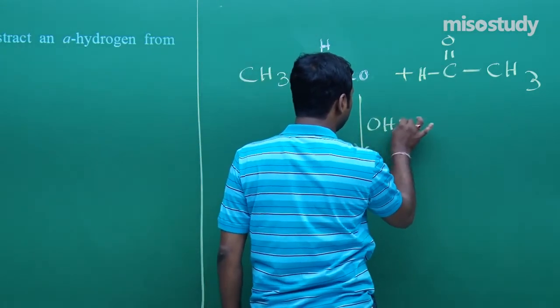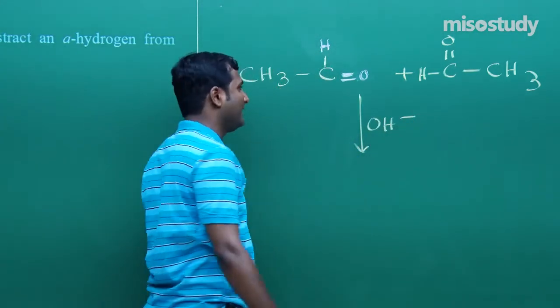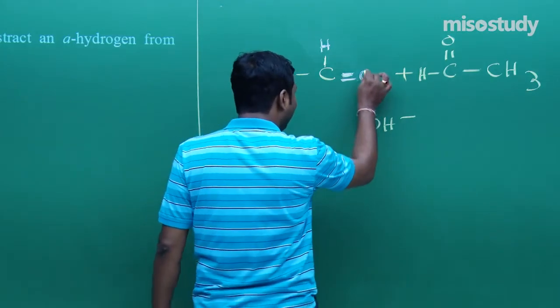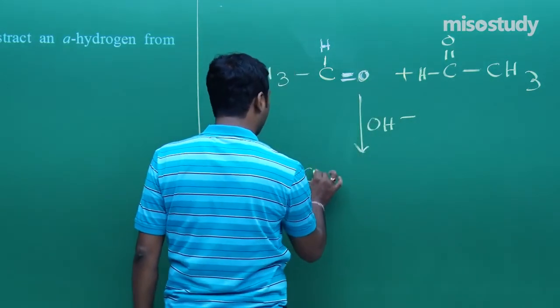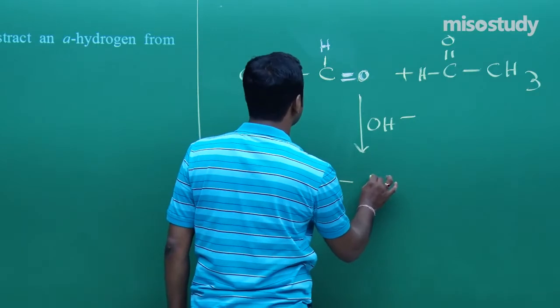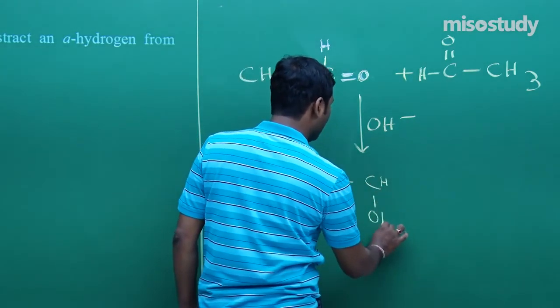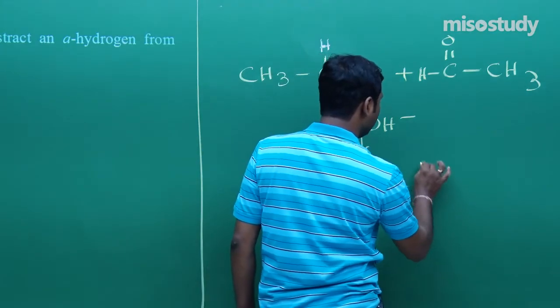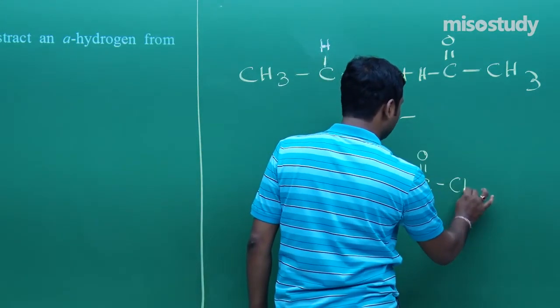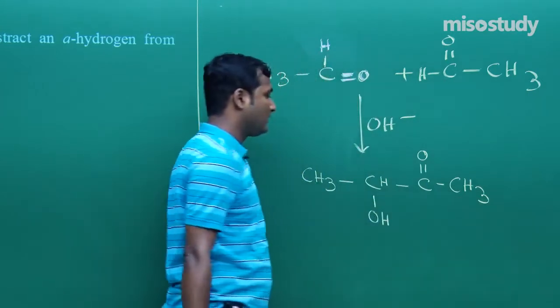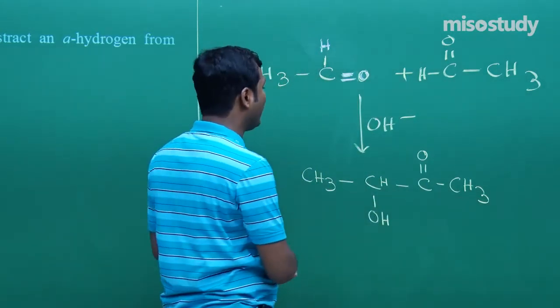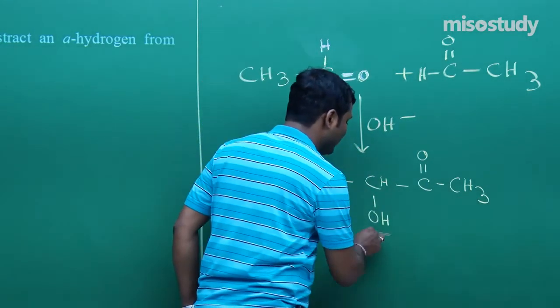When treated with base or acid, they combine and form this: C, H, put here OH, then C. Clear to you? This is known as aldol condensation.